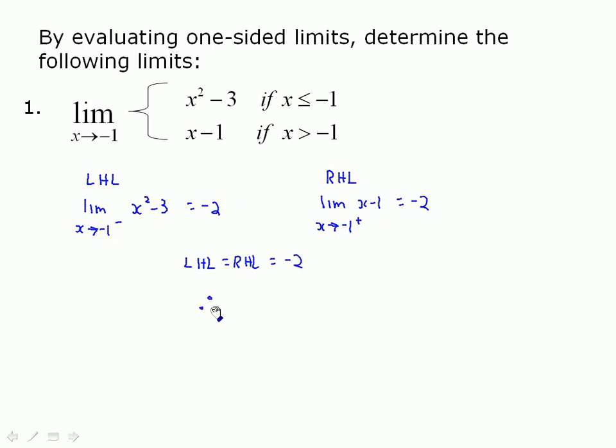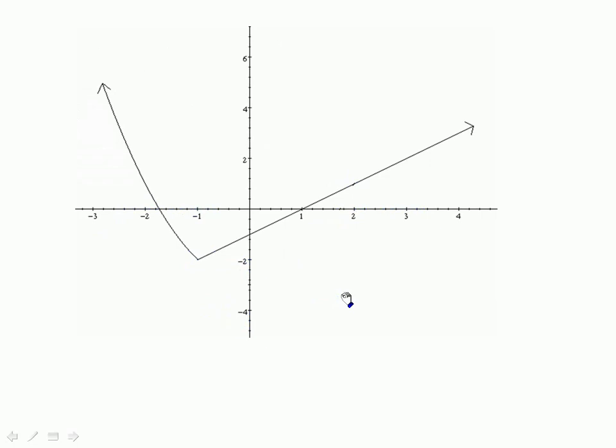So therefore, the limit of this function f at x as x approaches -1 is equal to -2. Take a look at the graph. And we can see that they both equal the same number. So the limit really is just the y value, right? And we are approaching. And this graph is actually continuous because it's a filled-in graph.